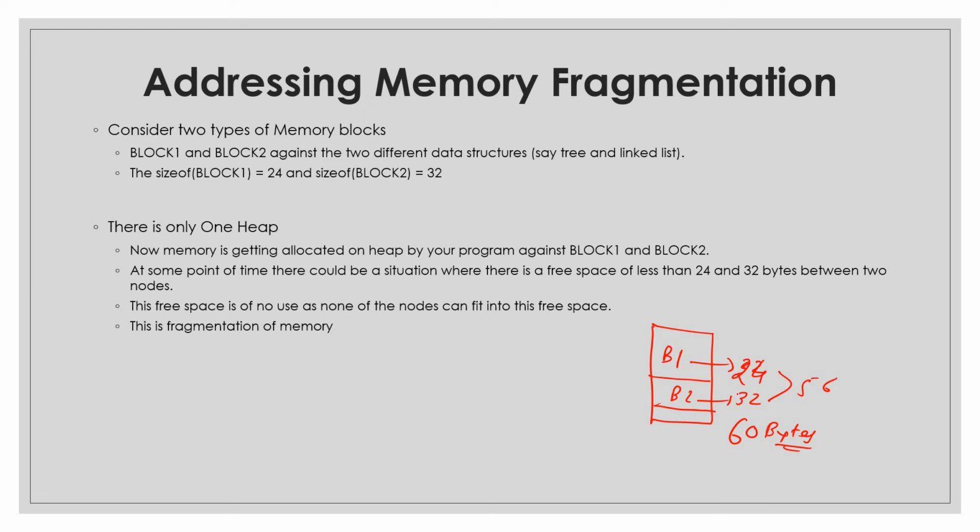Now, since 24 and 32 have utilized one block each, the remaining 4 bytes cannot be claimed by either B1 or B2. I am using B1 for block 1 and B2 for block 2. This way, these 4 bytes will remain unused. This is just an example.